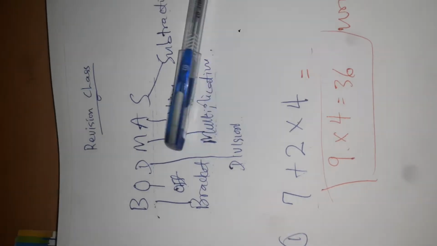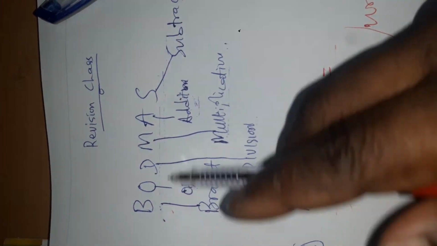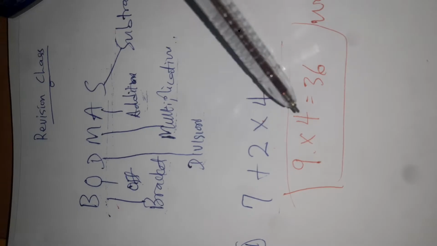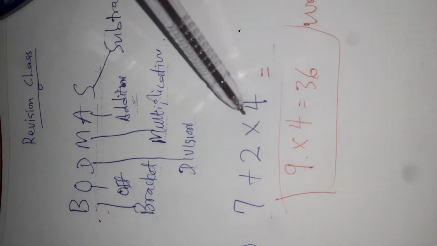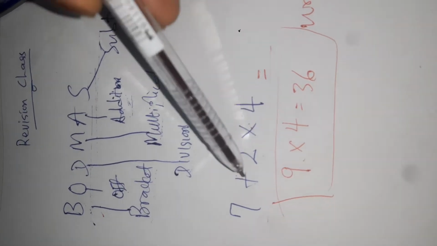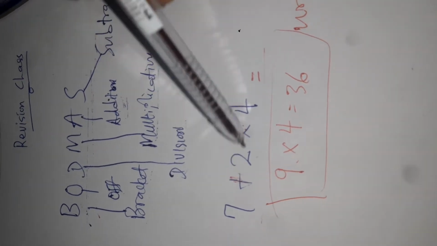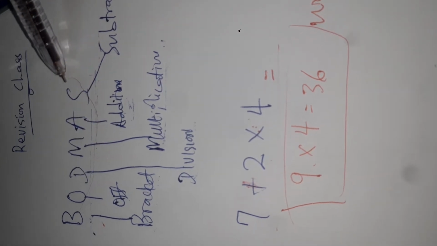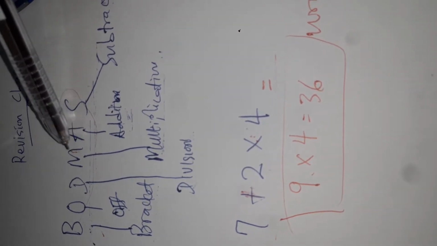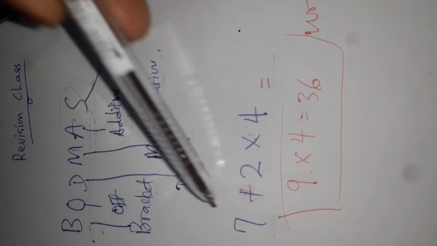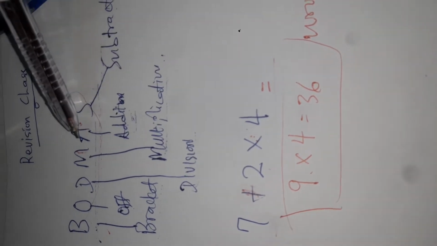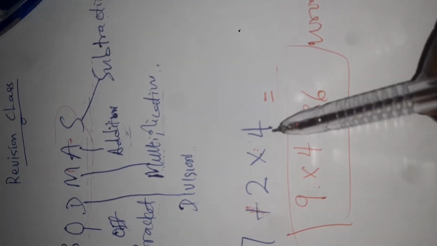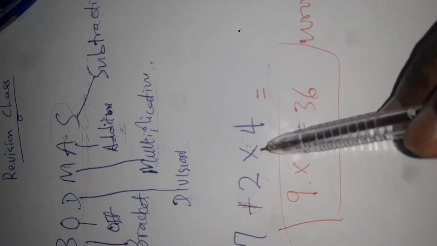Now you are going to use BODMAS, okay? Now check very quickly. I have how many operations here? I have 2, and the operations are what? Plus and multiplication. Now if you check the order of BODMAS, multiplication comes before addition, okay? Plus is what? Addition. So multiplication comes before addition. So what you need to do is to solve for the multiplication first.